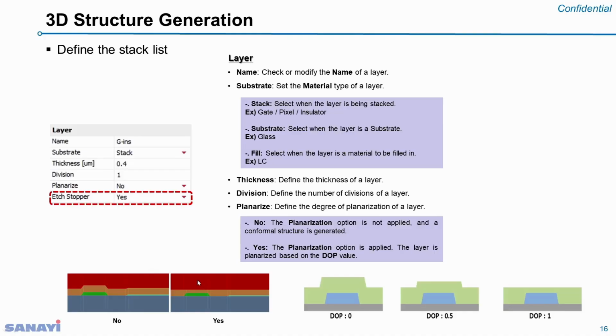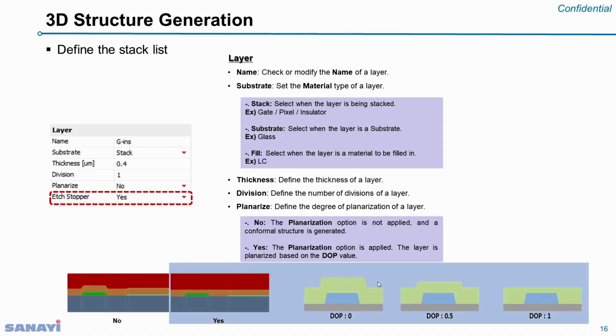If you select yes, the planarization option is applied. Also, you can set the DOP from 0 to 1. When the value is close to 1, the structure will be perfectly planarized. On the other hand, when the value is 0, it is the same as selecting no, which has the conformal surface.